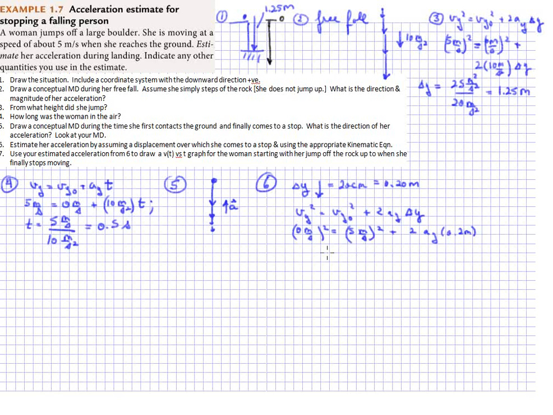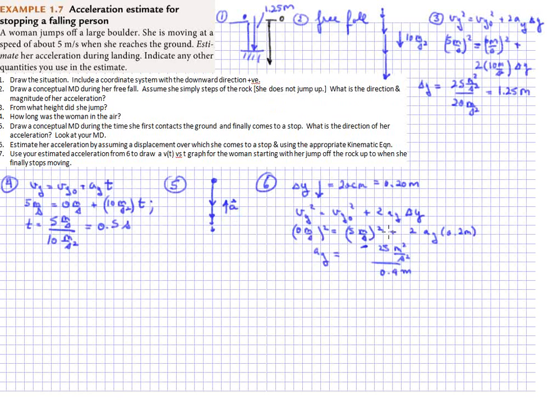And so I am going to get an a sub y of negative 25 meters squared per second squared over 0.4 meters. Okay, now this negative sign comes out of the algebra, but it's also consistent with the direction that I'm assuming here, which is upward. But since that's anti-parallel to my assumed positive direction, it's consistent.